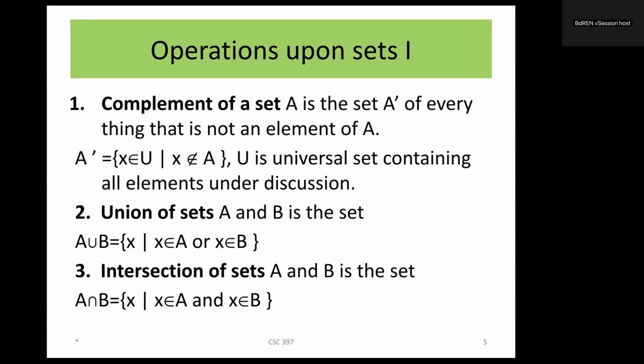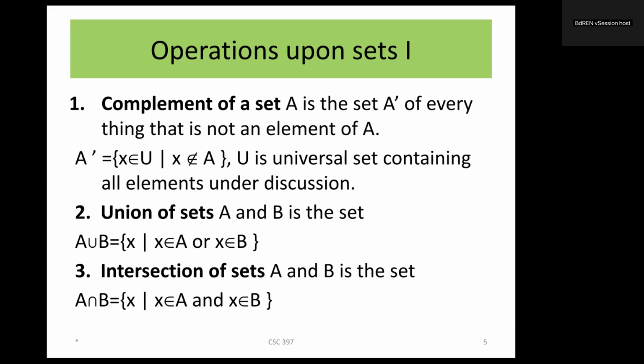I think you got this, that A prime means all the elements x that belong to U, where U is the universal set containing all elements under discussion, or x does not belong to A. That means the complement of set A means all the elements of the universal set but not the elements that are present in A. That means except A's elements, all elements are members of the complement of the set.